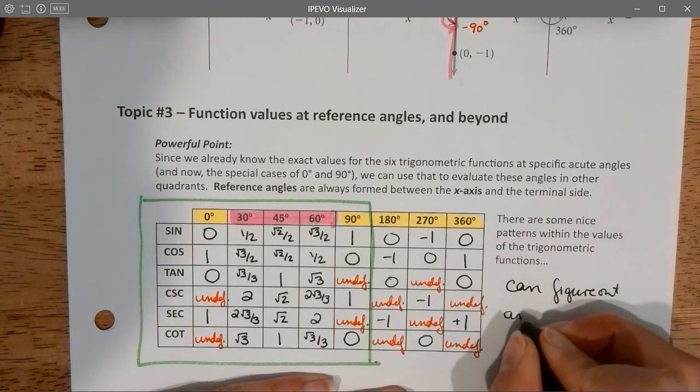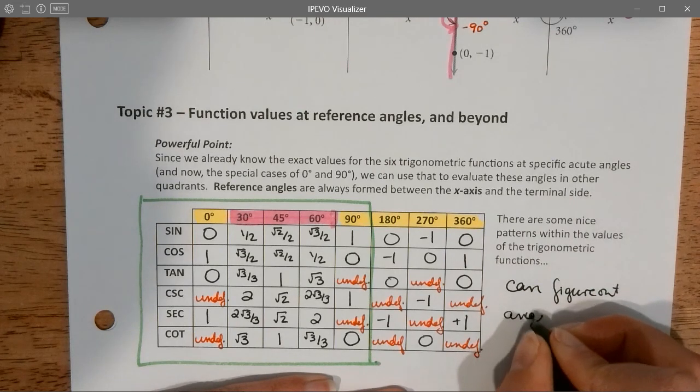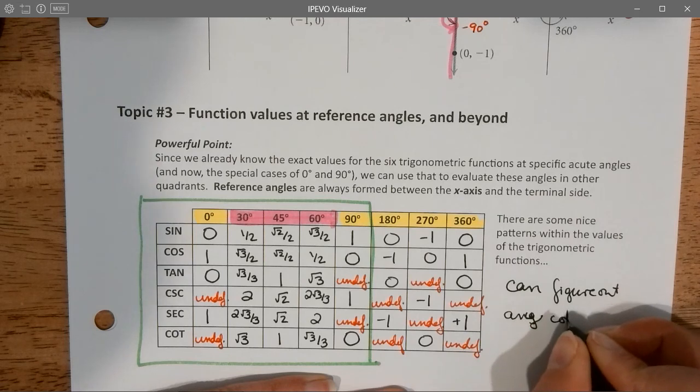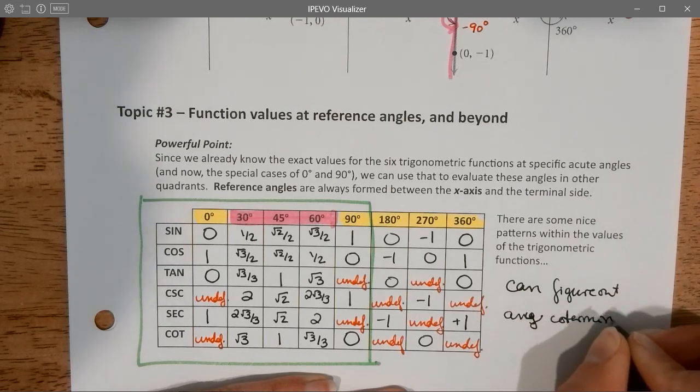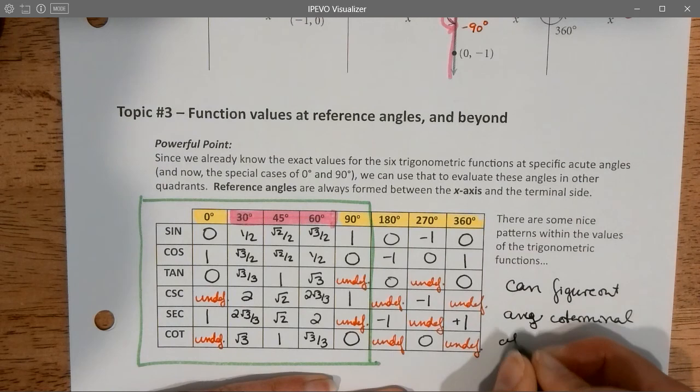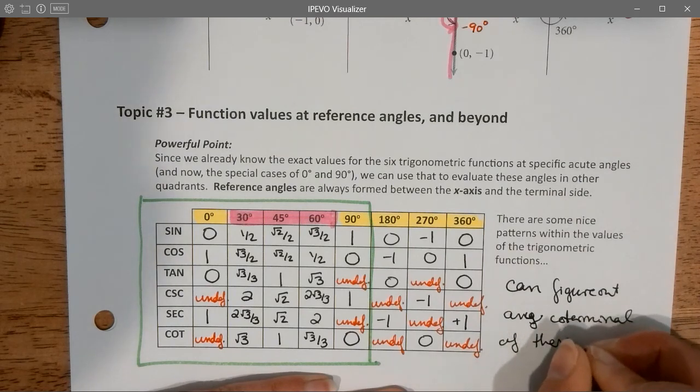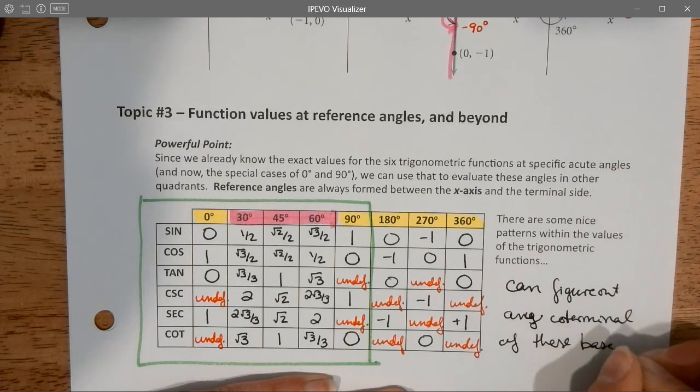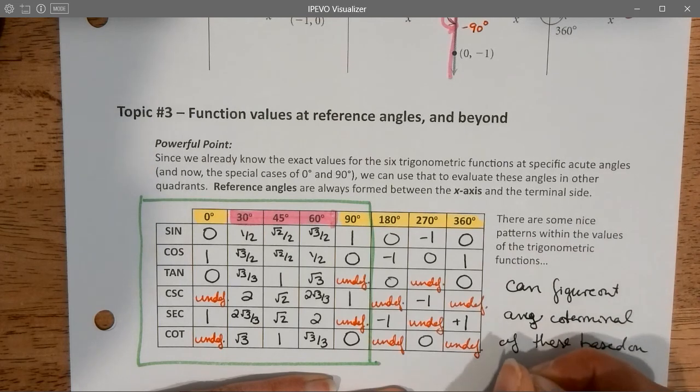any, oops, started writing 2 words here, any coterminal of these based on knowing 0 to 90 and reference angles.